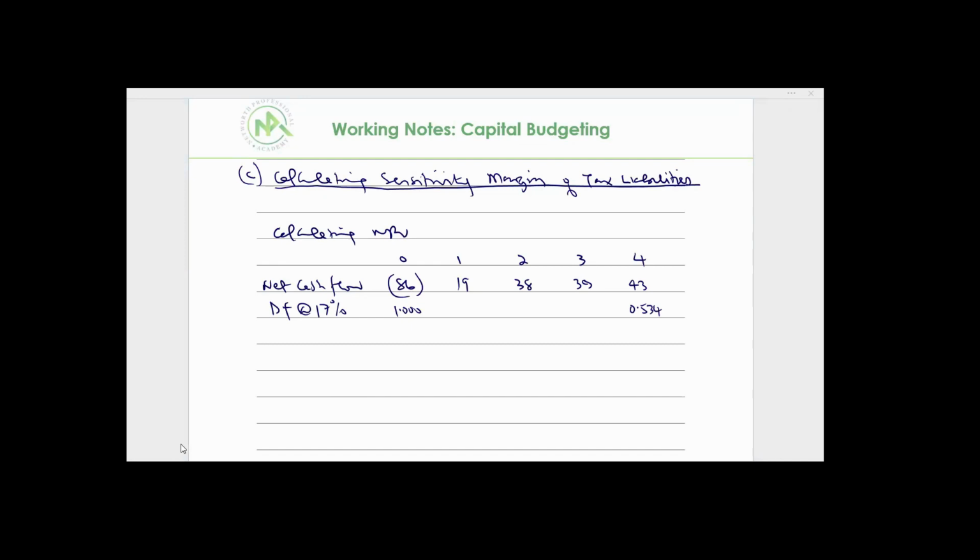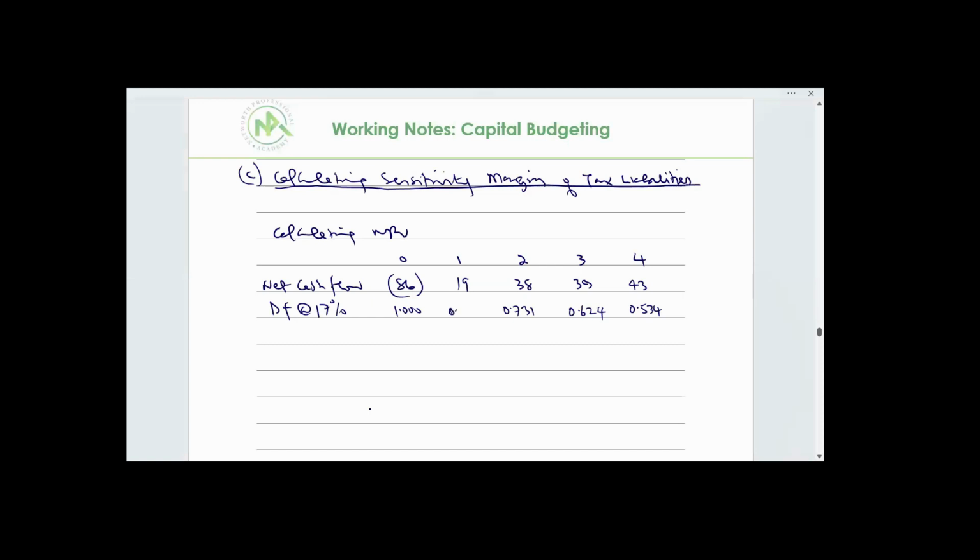1.17 raised to power minus 3 for year 3, 0.624. Year 2, 1.17 raised to power minus 2, 0.731.